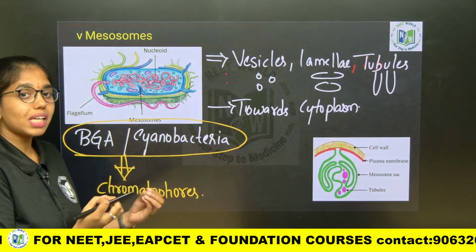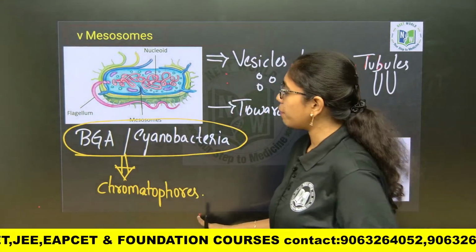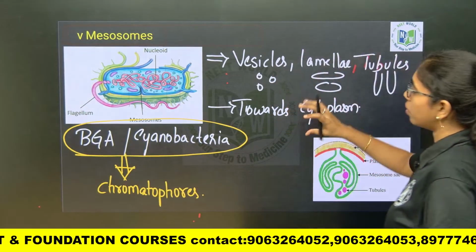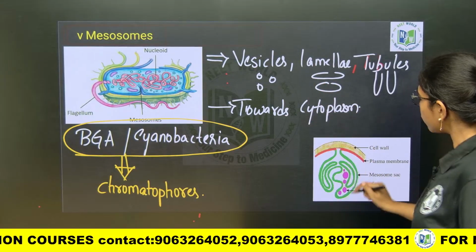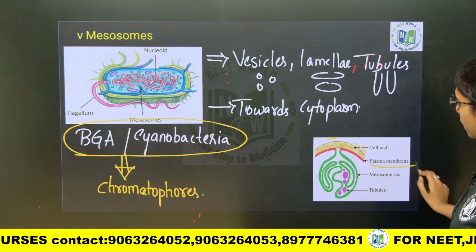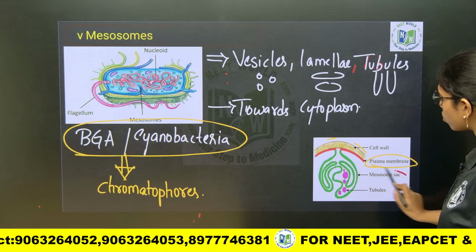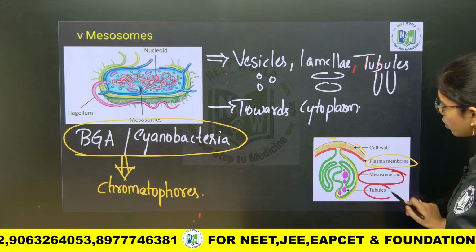They absorb sunlight and conduct photosynthesis as well. So these are colored pigments, chromatophores in cyanobacteria, whereas in normal bacteria it is mesosome structures. Clear? Here you can see the cell wall and cell membrane, mesosomal invaginations into the cytoplasm and mesosomal sacs also, with invaginations in the form of tubules.